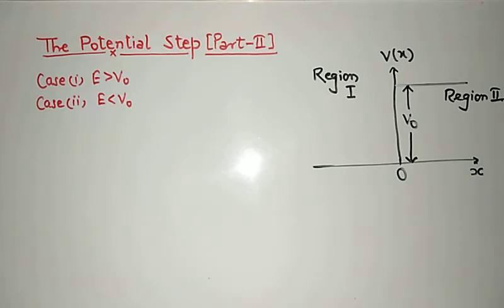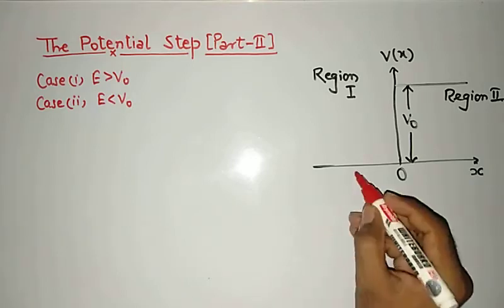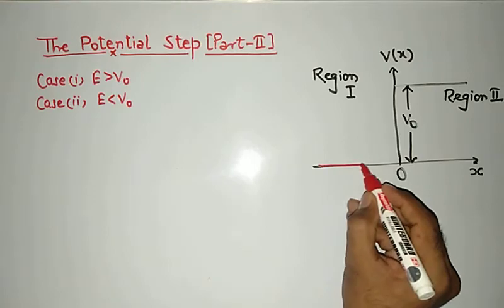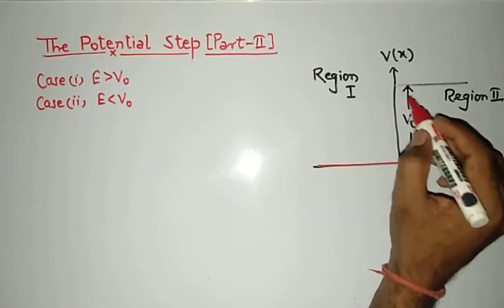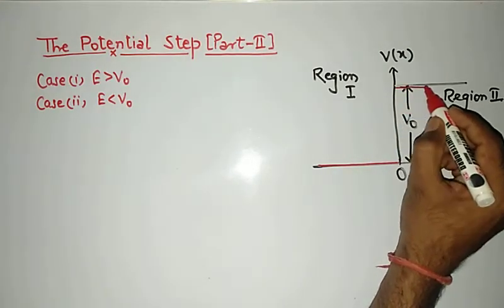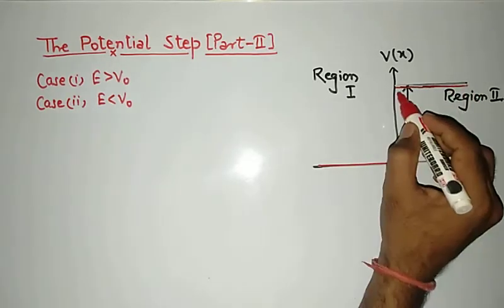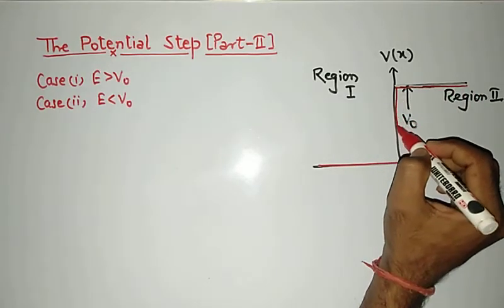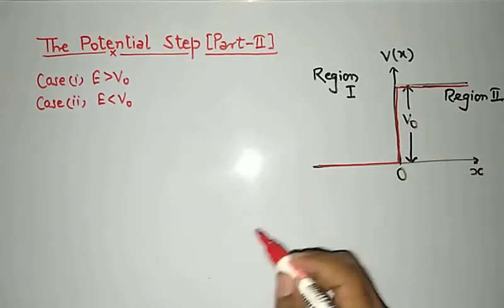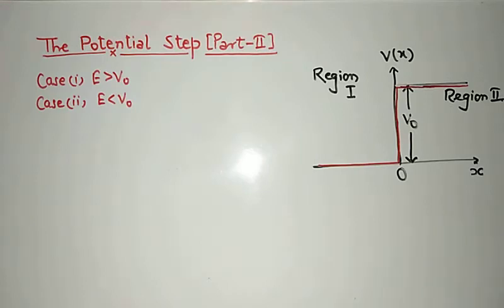So what is the shape of potential? The potential shape is this one. Look, again drawing by red line for clearance. This is. So this is potential step.